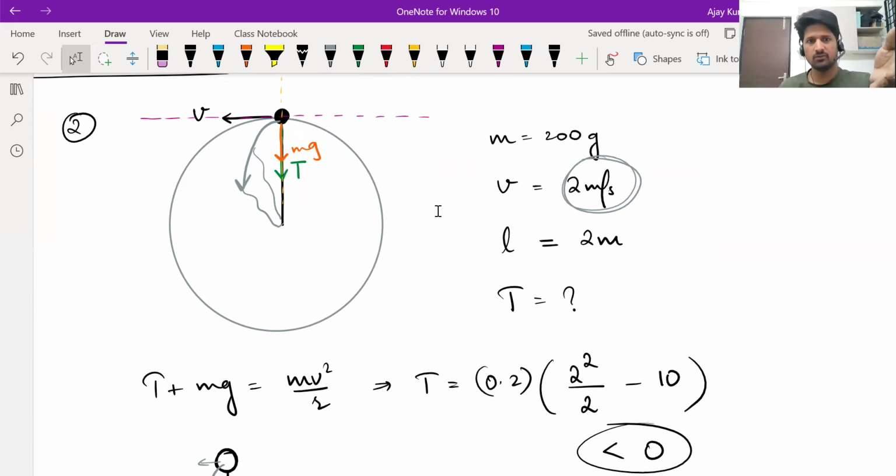Because we already took downward direction and we are getting a negative answer. So for this direction, negative means the upward direction and tension cannot be in the upward direction. Strings cannot push. Ideal string cannot push. So here it does not mean that it is in the downward direction.